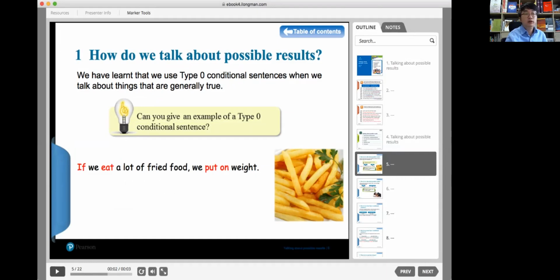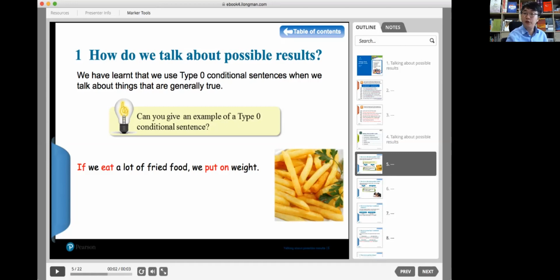Simple present tense, something which must happen. And for the result which must happen, we use type 0 conditional sentences. Like here, present tense.